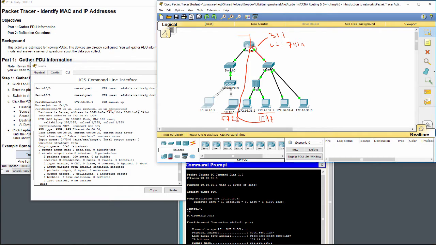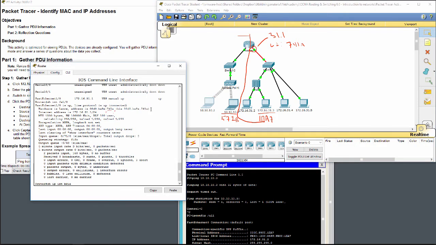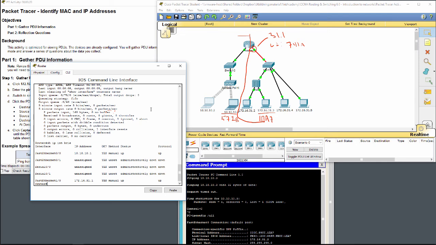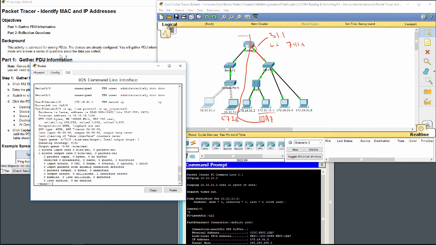And we look at the other interface, which is 10.10.10.1. It's FastEthernet 0/0, and we can see the IP address is 10.10.10.1. On layer 2 it is ending with 2401. This is the address on this interface of the router.